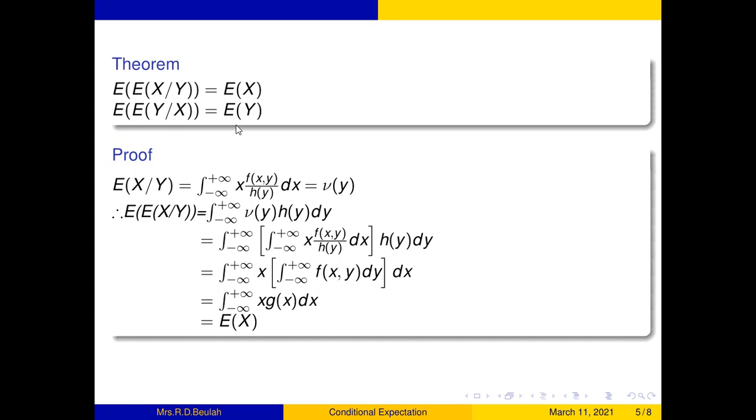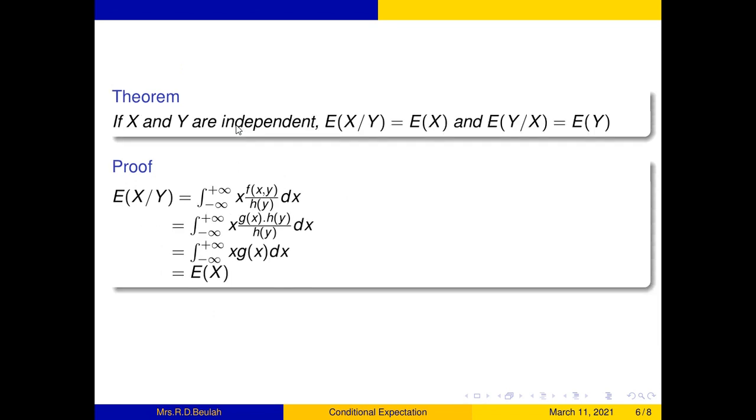Next theorem: if X and Y are independent, E of X by Y is equal to E of X, and E of Y by X is equal to E of Y. Proof. Already we know that E of X by Y is equal to the integral from minus infinity to plus infinity of x into f of x comma y divided by h of y into dx.